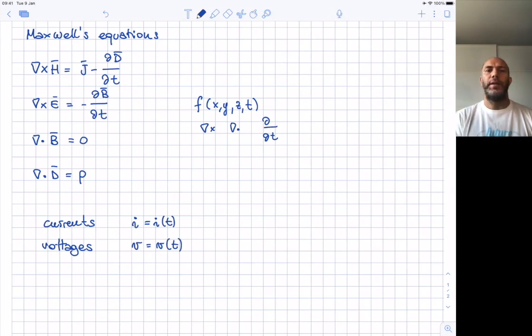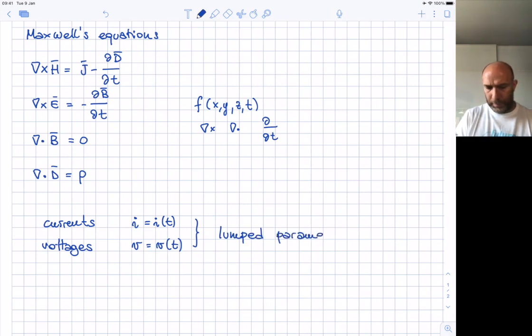The fact that there is no dependence on space is usually referred to using the term lumped parameters, so that any spatial dependence of what we draw as a circuit and our variables is not taken into account.